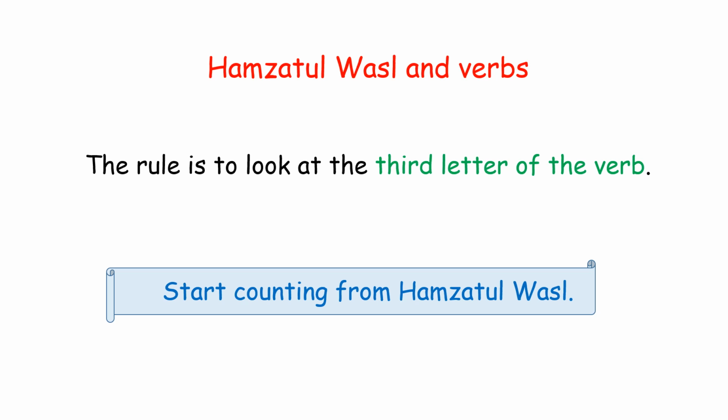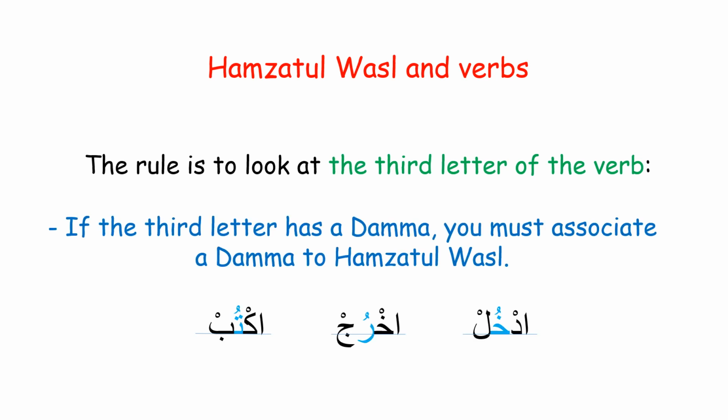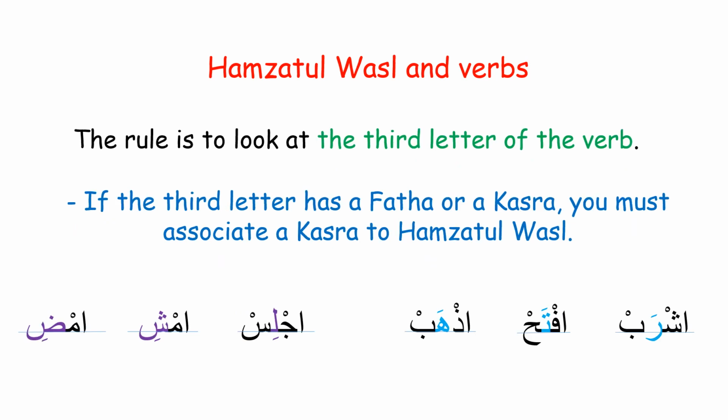Please start counting from Hamzatul Wasl. If the third letter has a Dhamma, just like the first group, you must associate a temporary Dhamma to Hamzatul Wasl too. However, if the third letter has a Fatha, just like the first subgroup, or a Kasra, just like the second subgroup, then we must sound Hamzatul Wasl with a Kasra.